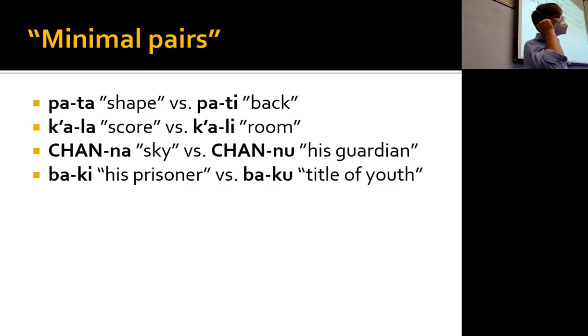Not just between short and long, but also between glottalized, long and short. So you have the word for centipede, spelled early on as chapatu, later as chapati, and then as chapata, suggesting that originally it was chapat with a glottalized vowel, and then chapat with a long one, and finally chapat with a short.